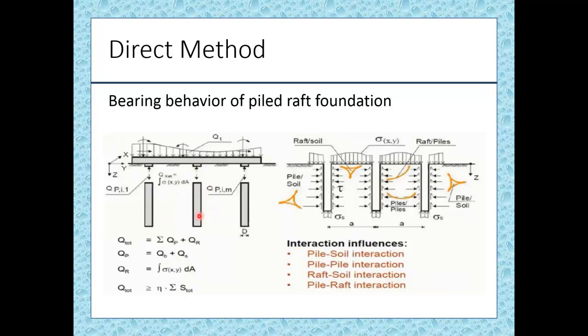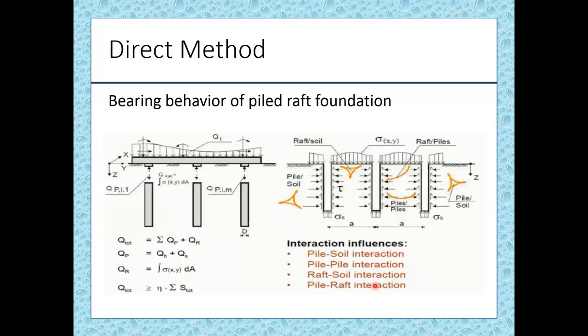However, the interaction between the pile and raft is shown on the right-hand side by 4 arrows. This shows that there is pile-raft interaction, pile-soil interaction, raft-pile interaction, and pile-pile interaction as well.